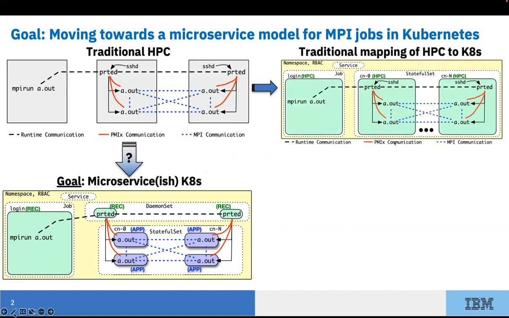The first step is to take a look at how we map HPC into Kubernetes today. What is the typical model here? The traditional mapping of HPC into Kubernetes puts the runtime infrastructure in the same container as the MPI process. So it's not part of Kubernetes, it's just another aspect of the container. For example, the GROMACS container will have an MPI runtime in it.